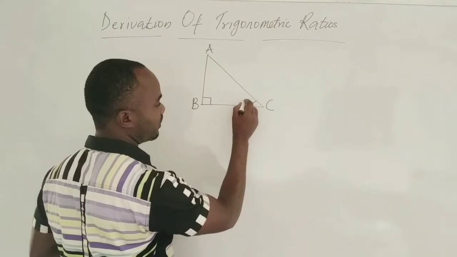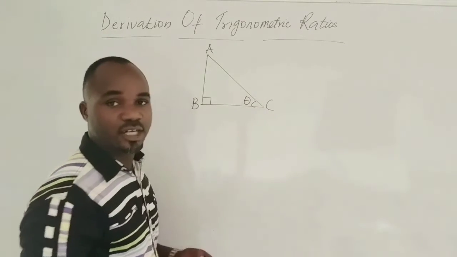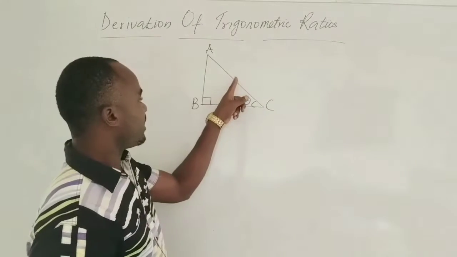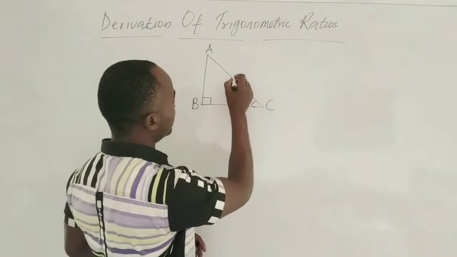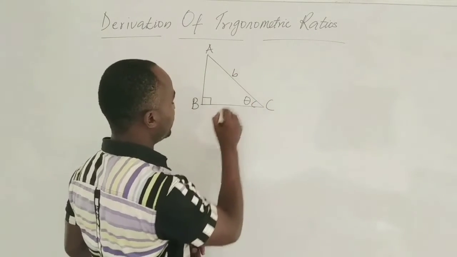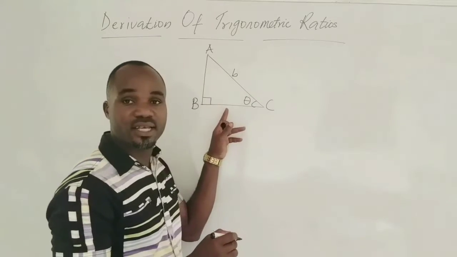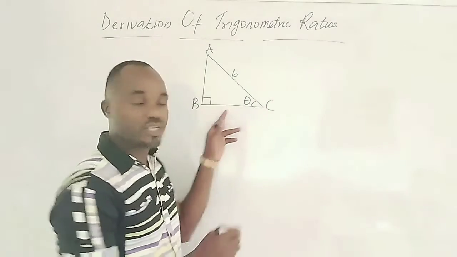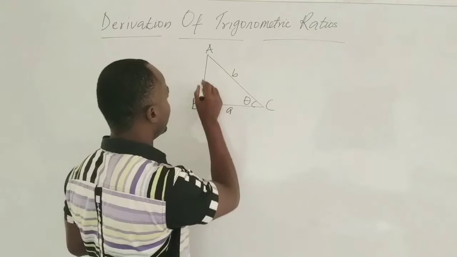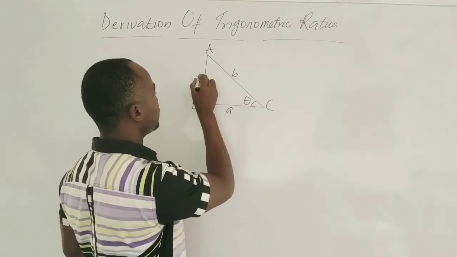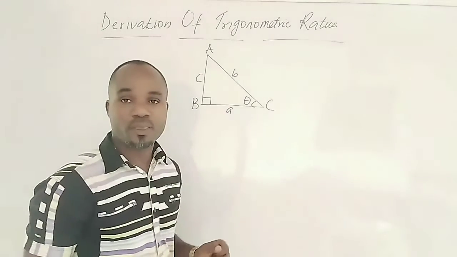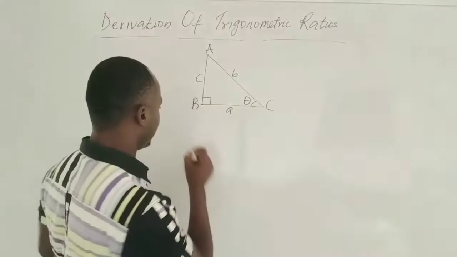Angle C is represented with theta. The side here is known as the hypotenuse with letter B. This side is known as the adjacent with letter A, and this side is known as the opposite with letter C.